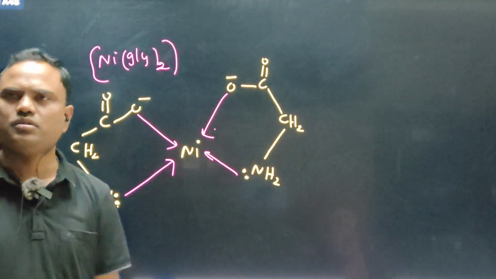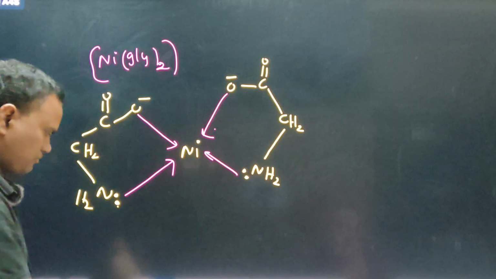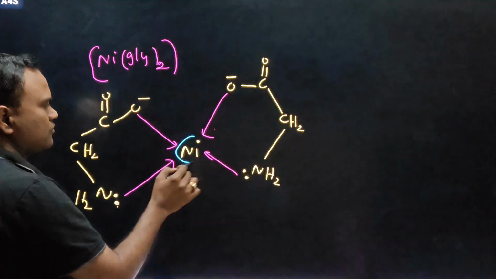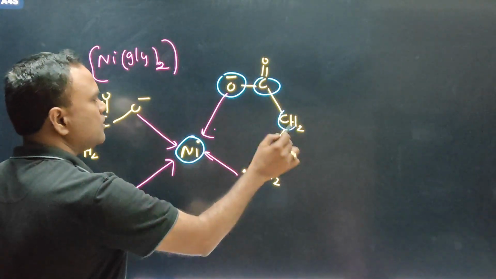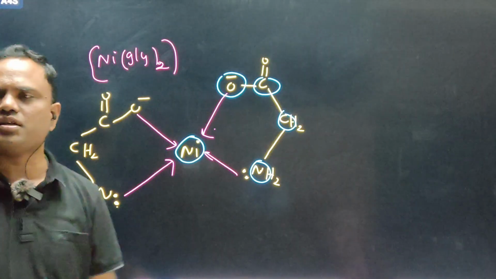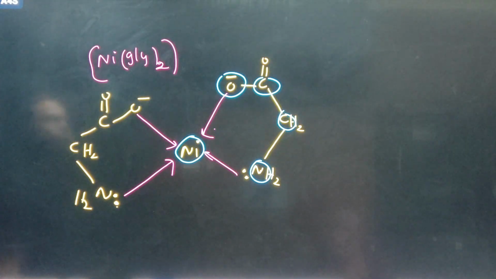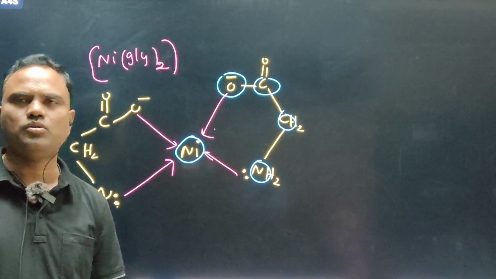Now you tell me, in the chelate, how many atoms are present? Nitrogen, oxygen, carbon, nitrogen. Count the circles. 5 atoms are present in the ring. Because of chelation, a 5-membered ring is formed.